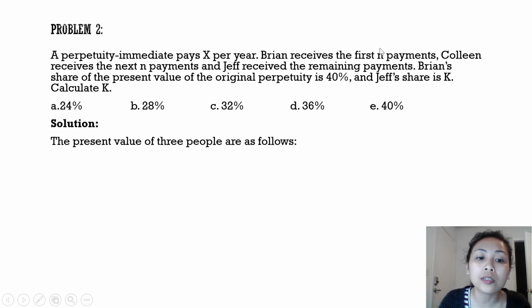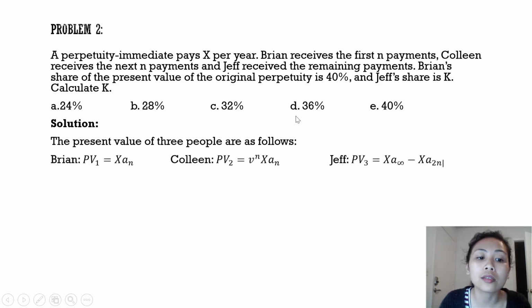So the present value of Brian, PV1, is X a n, because it's basically just an annuity immediate of X dollars for n years. And Colin's present value: because Colin received the next n payments, it's called a deferred annuity. It is deferred for time n, so that is v to the n times X a n.